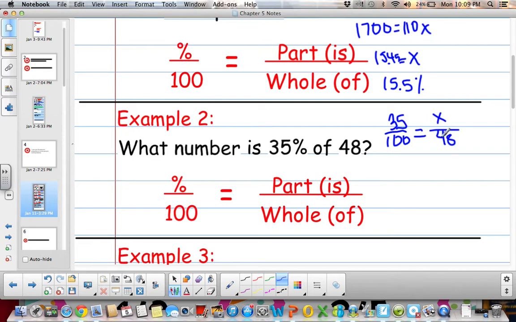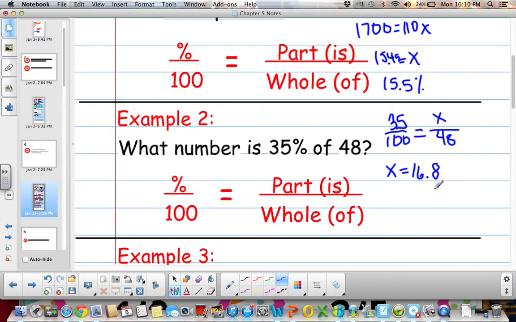Then we do cross products: 35 times 48 equals 1,680, and then we divide it by 100, which is 16.8. So x equals 16.8. Since we were finding the part and not a percent, we just leave it as 16.8.